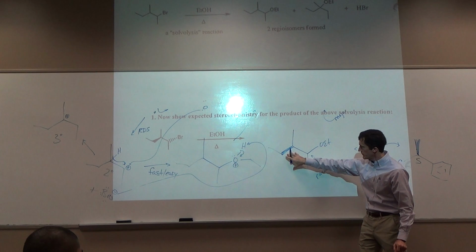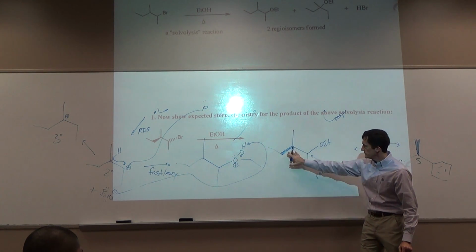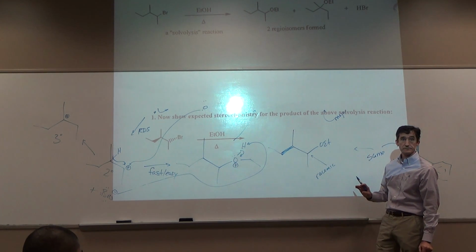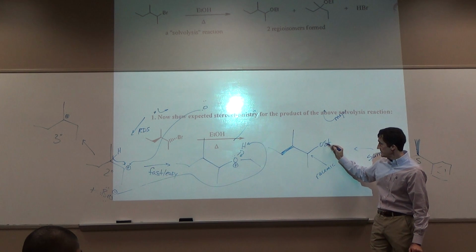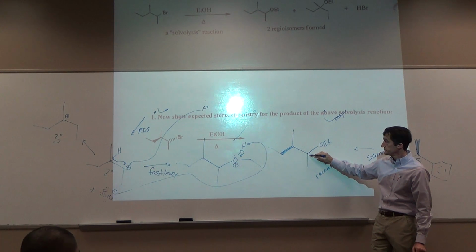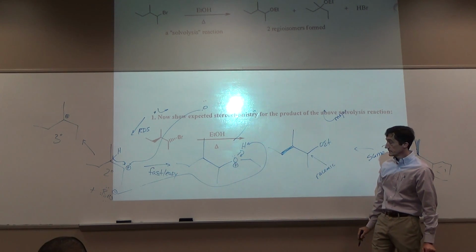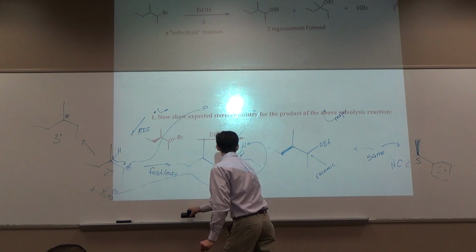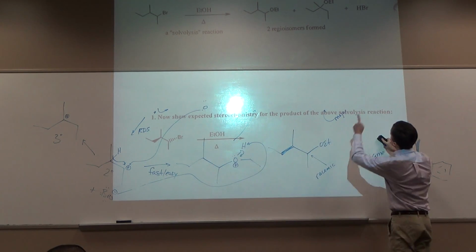I got one where this is bold and that's bold, and I got one where this is bold and that's dashed, because when this came in, it attacked from the front and the back. Now what would the other product be?